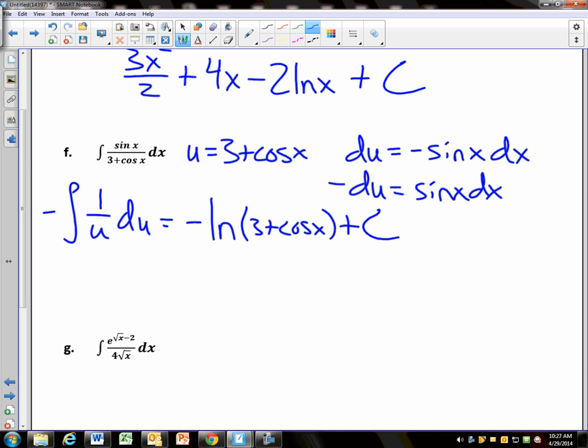Now, what could you do with this negative instead? So your other option, so I don't know how the book would write this. It would either write it like that, or it would write it like natural log of 1 over 3 plus the cosine of x, because you would take that inside to the negative 1 power.